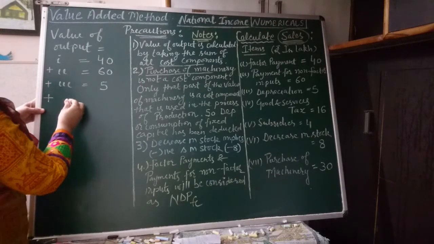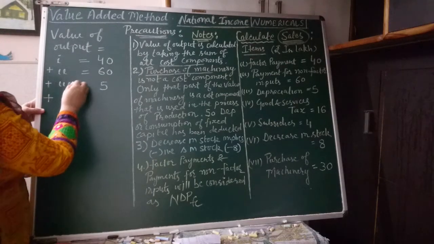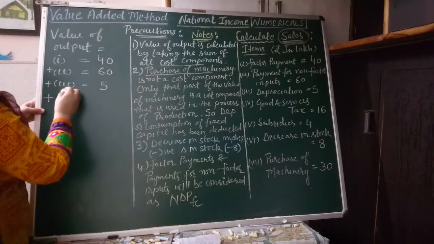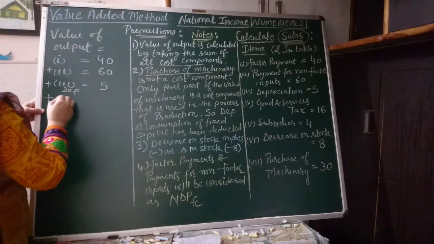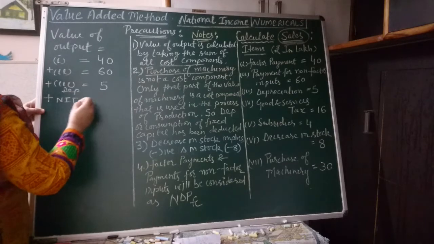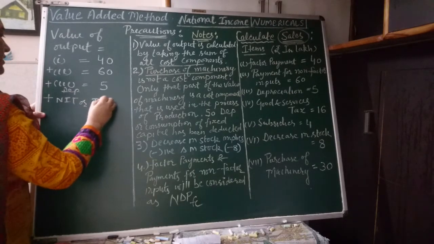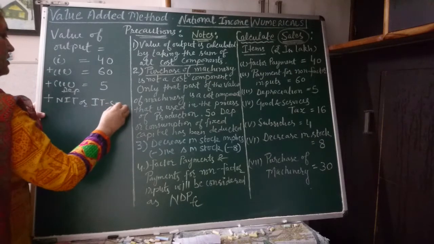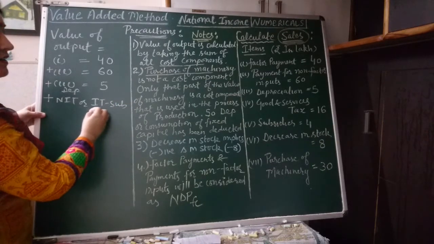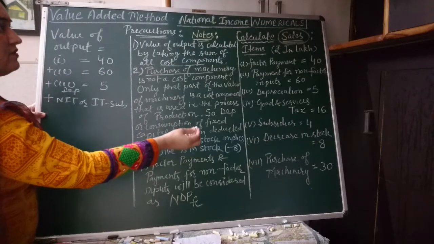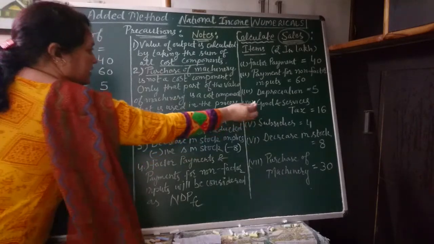Net indirect taxes are not given, rather depreciation, net indirect taxes. Instead of net indirect taxes we are taking indirect taxes minus subsidies. Indirect taxes, or goods and services tax, that is known as indirect taxes.